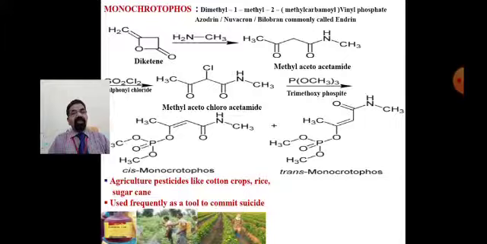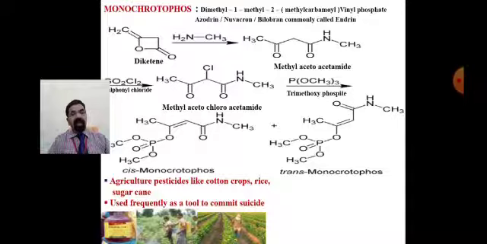Monocrotophos can be prepared by the reaction between a diketene molecule and methylamine to form methyl acetoacetamide as an intermediate product.